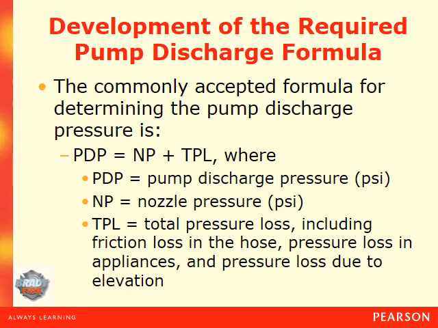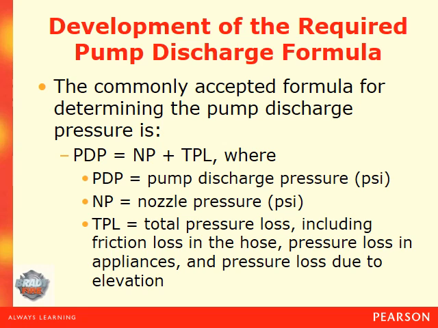Pump discharge pressure equals NP plus TPL. PDP, of course, is our pump discharge pressure. NP is our nozzle pressure in PSI. And TPL is our total pressure loss.